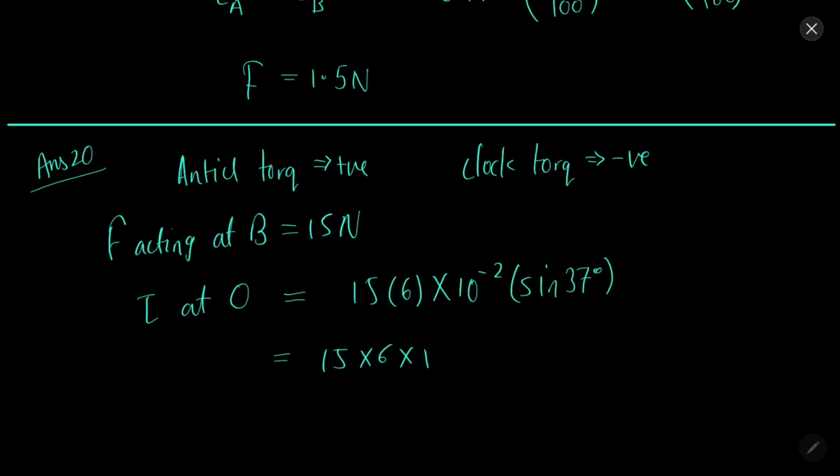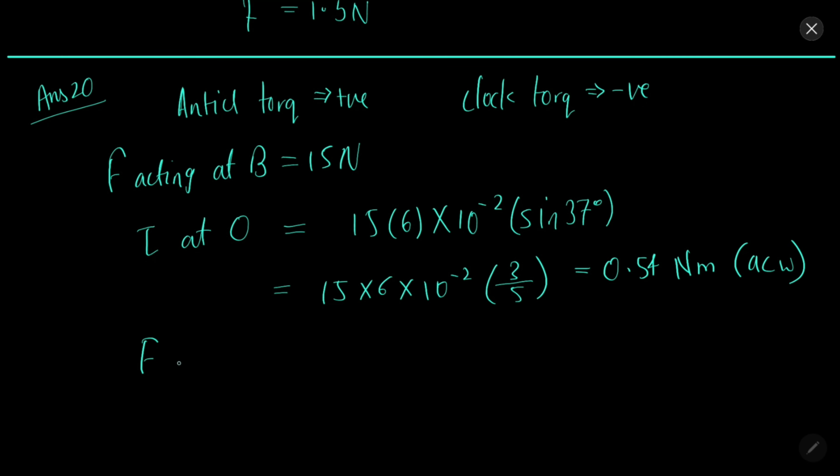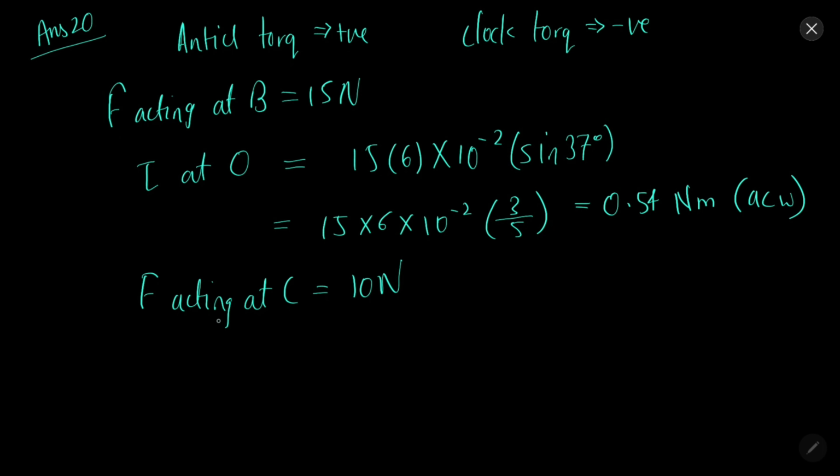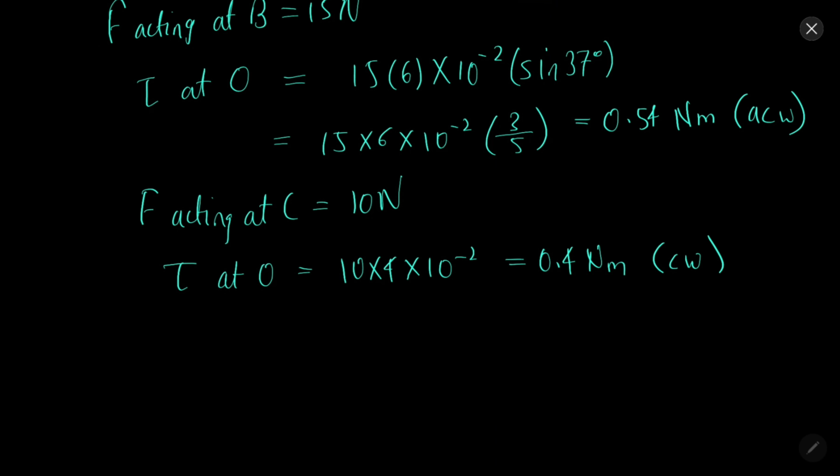That is 15 into 6 into 10 to the power minus 2 into 3/5, which is 0.54 Newton meter, and this is anti-clockwise. Now the force acting at C is 10 Newton. So for this, the torque at O will be 10 into 4 into 10 to the power minus 2, which will give us 0.4 Newton meter, and this is clockwise.